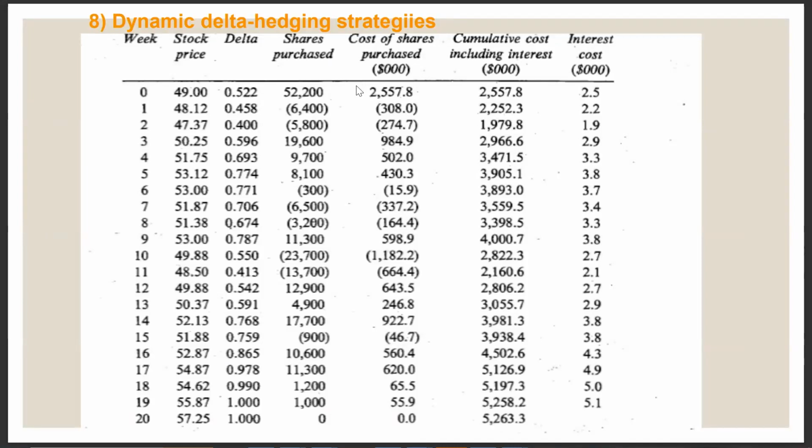Okay. And finally, we proposed the dynamic delta hedging strategy. And what is this? If we have stock prices, we can compute their delta, and after that we find the difference between deltas, and this difference defines how much stock we need to buy or to sell.